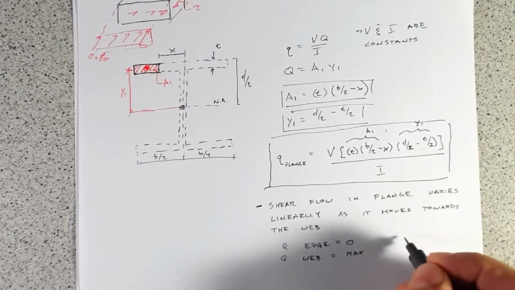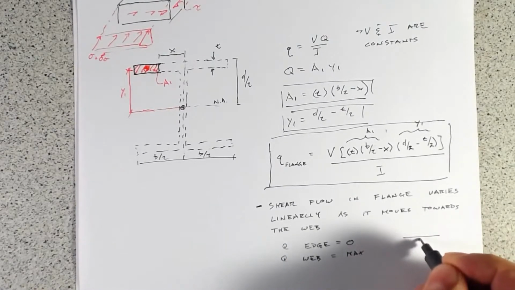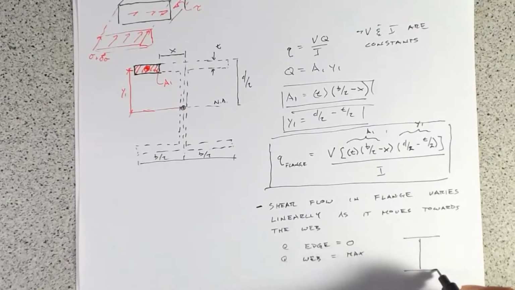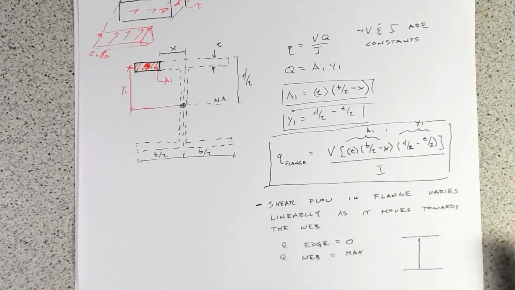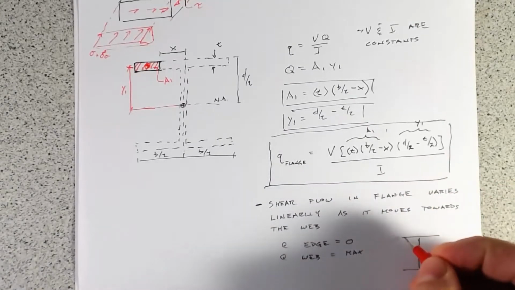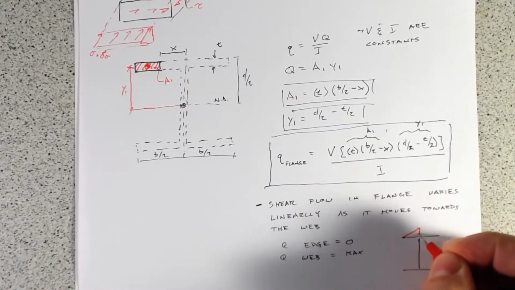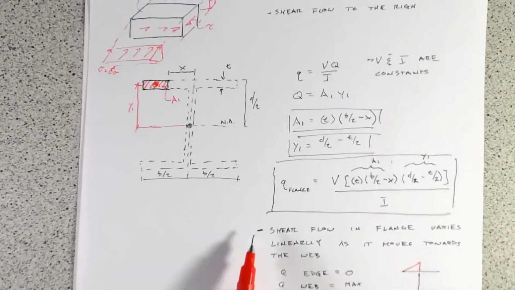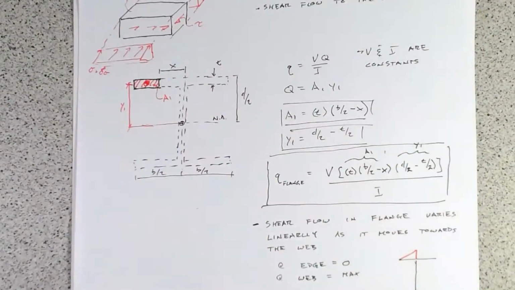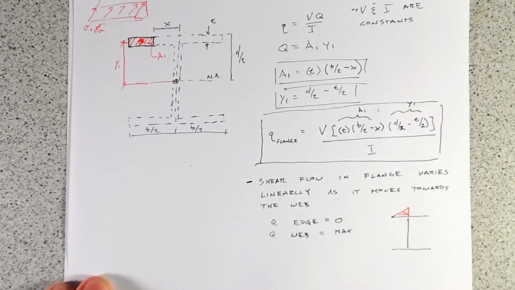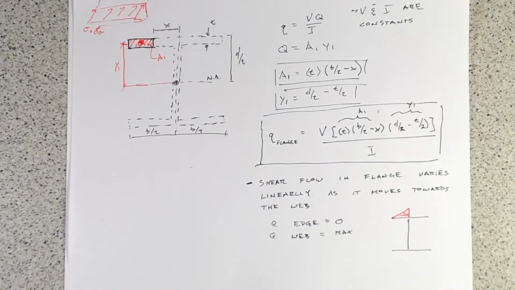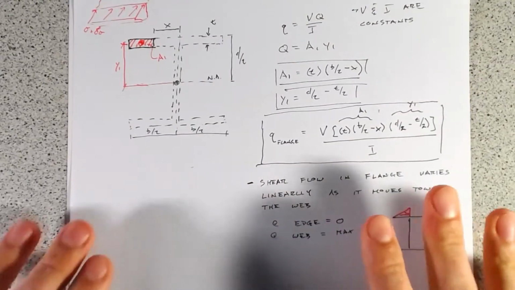So our shear flow, if we're to plot it as we move across, it's going to look something like that. With, again, if we look at our little free body diagram, we know our shear is pointing towards the web. So that's the first flange.